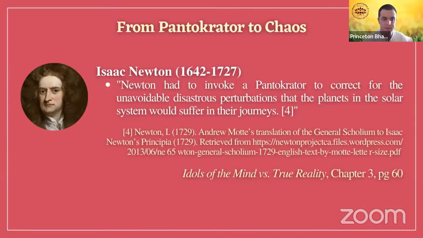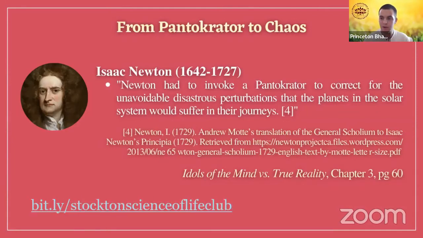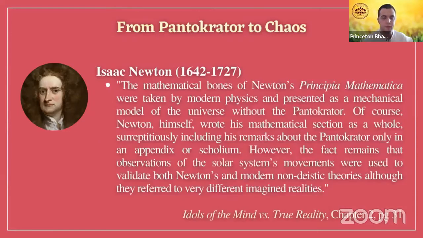We went over this more in depth in the second chapter of the book in the presentation that we gave. The second chapter is called Idols of the Mind versus True Reality, and we'll put a link to that so you can see the more elaborate explanation of what's going on here. This is one quote from that second chapter. The mathematical bones of Newton's Principia Mathematica were taken by modern physics and presented as a mechanical model of the universe without the Pantocrator.